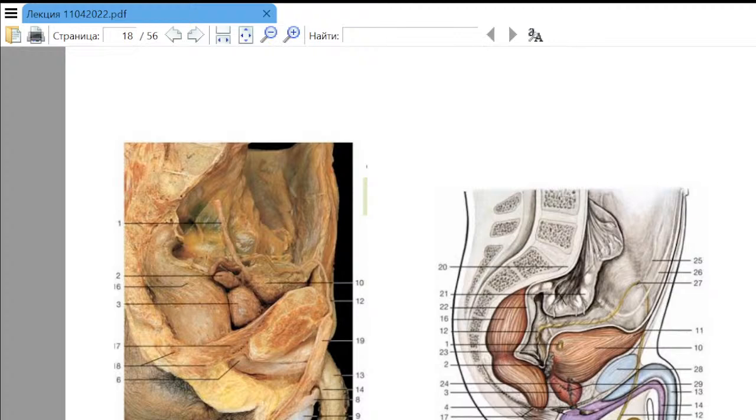This is the ureter, the urinary bladder, the ampulla of vas deferens, the vesicula seminalis, and the prostate.